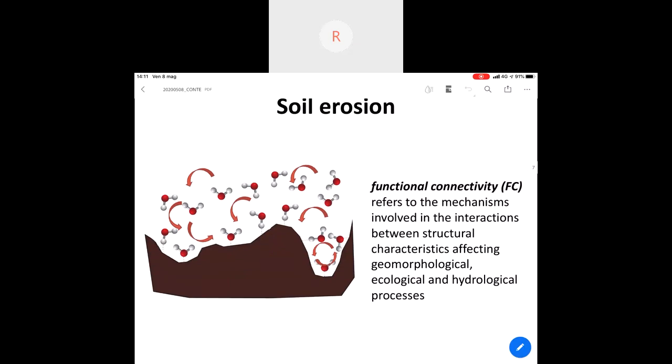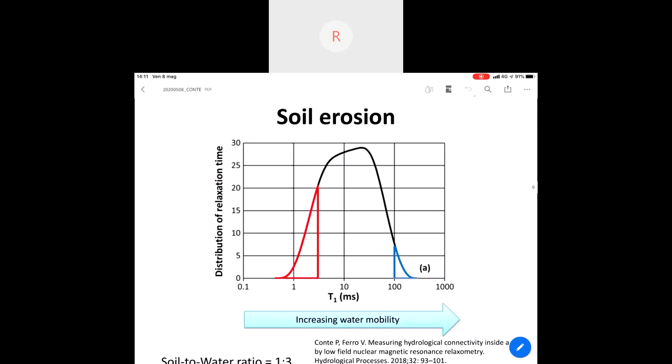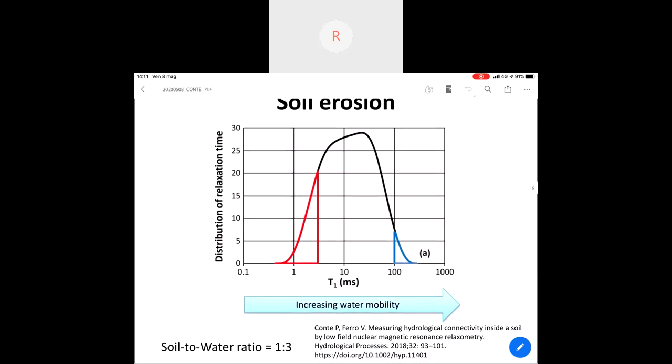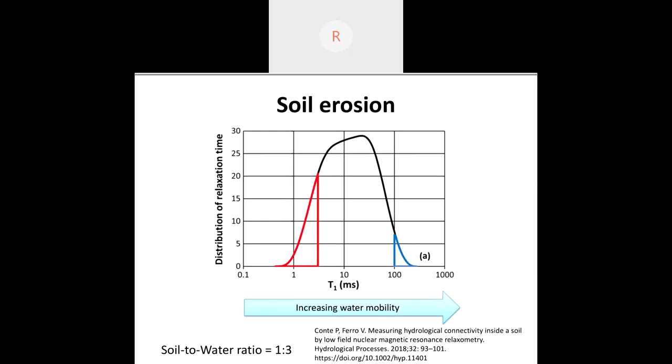Well, if we go to the investigation of soils that are dispersed in water, we can obtain this relaxogram. This is one relaxogram that was obtained by suspending soil in water in a ratio of 1:3.